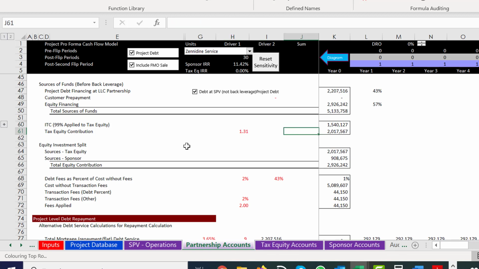It shows how much more than the ITC the tax equity puts in. And if this was a low number, pretend this was 1, the tax equity would put in no investment. Do you understand that? They put it in, they get it out. 0 investment. If it's 31%, their investment is 31% more than their ITC.